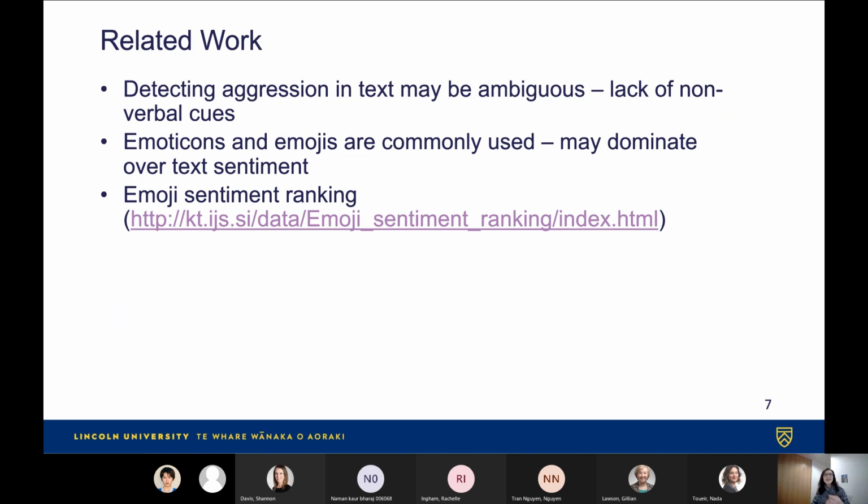Okay, so what are the challenges in detecting aggression in text? Well, there's a lot of ambiguity, a lack of non-verbal cues, and, like I said, we use a lot of emojis. But it's always good to know that somebody has actually compiled a set of emoji sentiments, one that says this smiley face is positive, this sad face is negative.